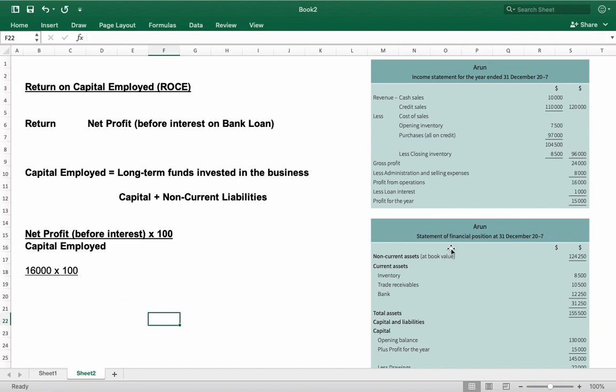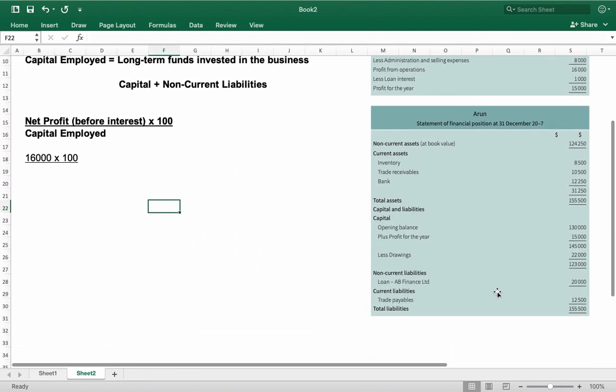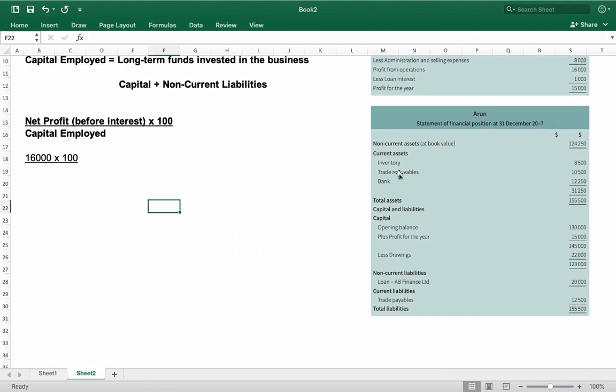Now we will take capital employed. For that I need capital plus non-current liability. So let's see the statement of financial position. Here we can see the capital is actually $123,000, plus non-current liability, loan from AB Finance Limited, $20,000. So this is the non-current liability.